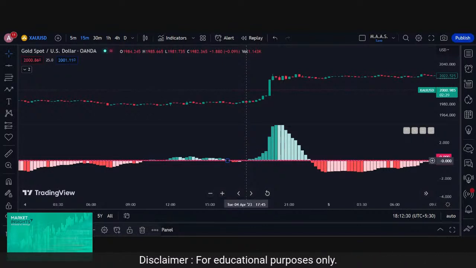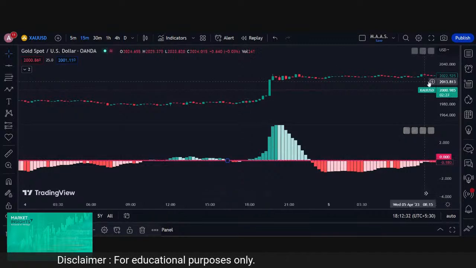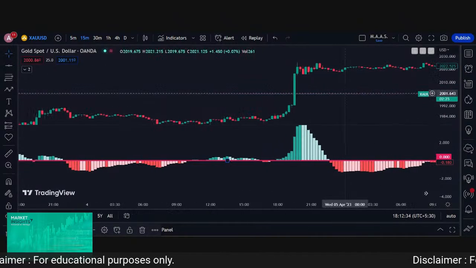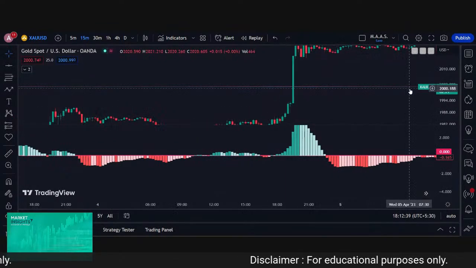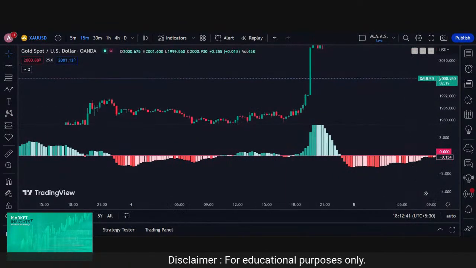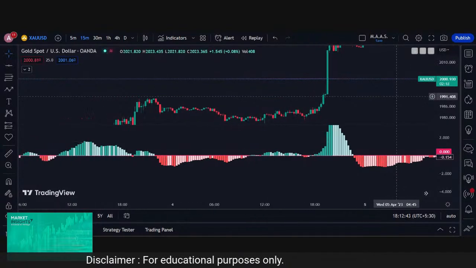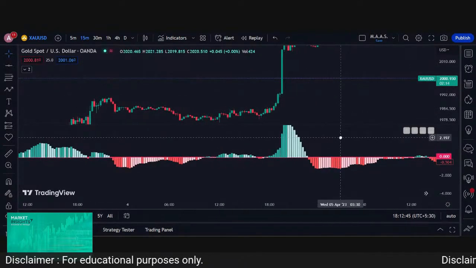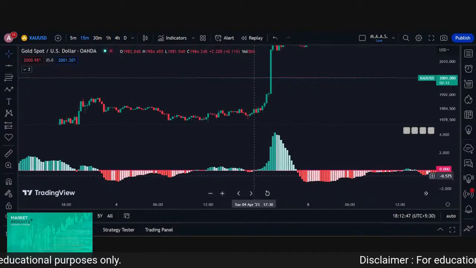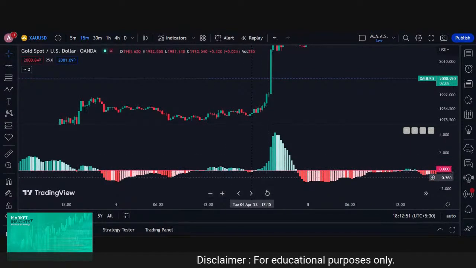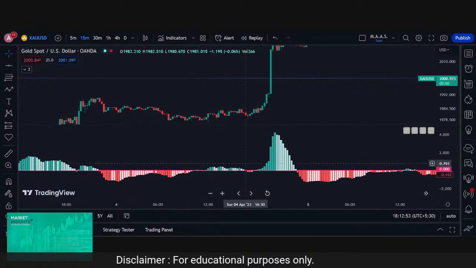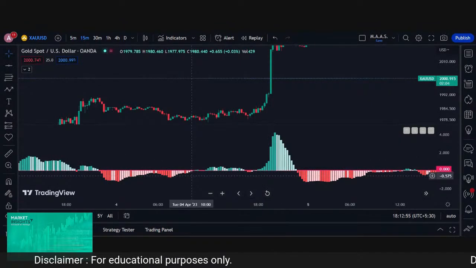Many people tend to ignore it, from the perspective that it might be something in the background, not much important. It is the difference between the MACD and the signal line. Now, whenever the differences are very small, that means the MACD and signal line are playing with each other.